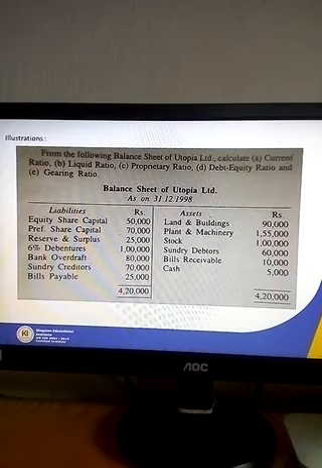That is equity share capital 50,000 and reserve and surplus 25,000. Reserve and surplus is created from equity share capital. Equity share capital means own capital, means they are the founder, they are the owner of the business.